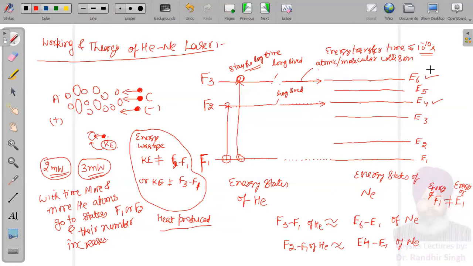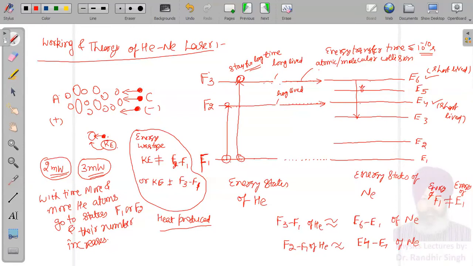Now, an interesting fact: these states E6 or E4 of neon are short lived. So it was not possible for helium atoms to go directly to the ground state fast, but indirectly they collide with neon, and neon molecules go to the ground level with a fast decay.